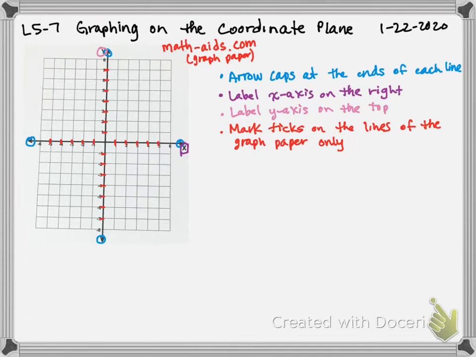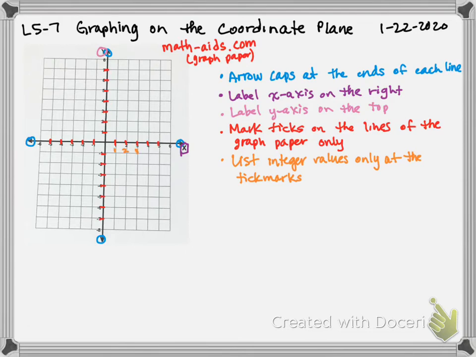Next, we're going to list integer values only at the tick marks. Okay, and as you can see, I've kind of covered them up.